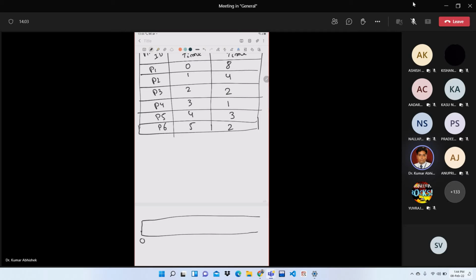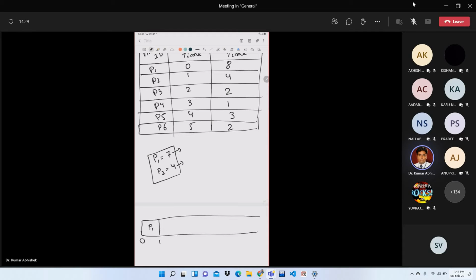Only P1 has arrived. P1 will start working till time 1. At time 1, we have P1 equal to 7 and we have P2 equal to 4 in the ready queue. This is the remaining time of P1 and this is the burst time of P2.